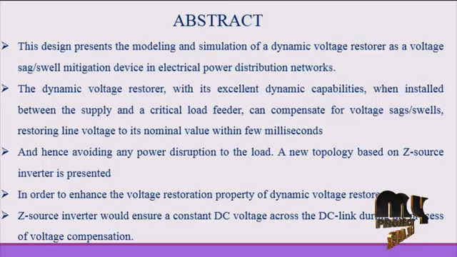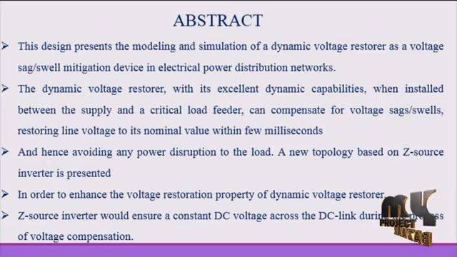A new topology based on an isosource inverter is presented in order to enhance the voltage restoration property of the dynamic voltage restorer. The isosource inverter ensures a constant DC voltage across the DC link during the process of voltage compensation.